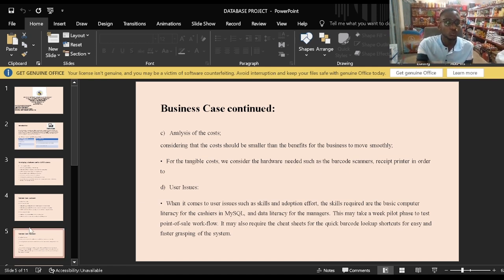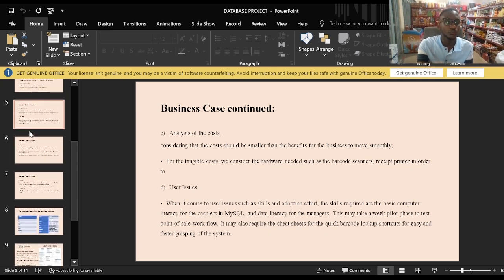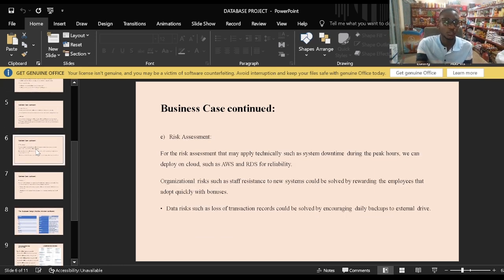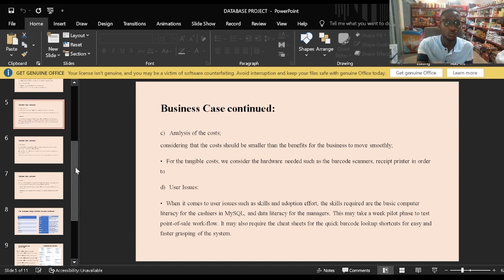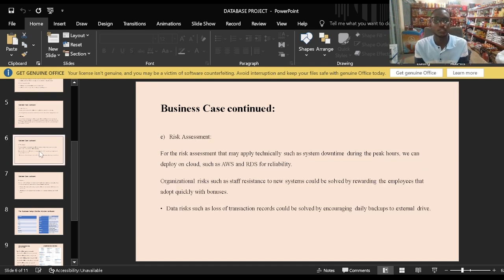So as we continue to part E, which is the risk assessment. For the risks that may apply technically, such as system downtime during peak hours, we can deploy on the cloud, such as AWS RDS, for reliability.